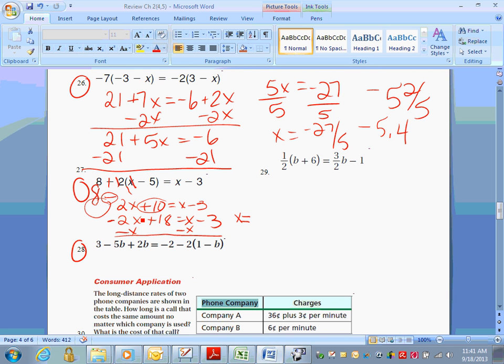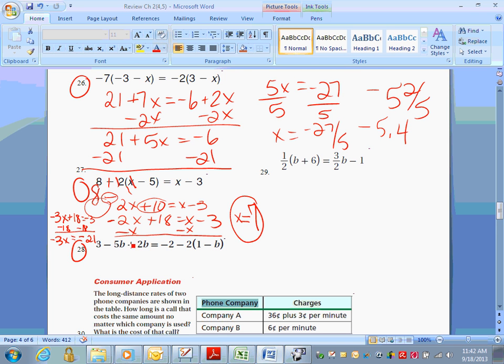So negative 2x and negative 1x is negative 3x. I'm going to move it over here. And then I have a plus 18, which is equal to negative 3. I need to subtract 18 from each side. That gives me negative 3x is equal to negative 21. And my final answer is x equals 7. A few technical difficulties, but I'm willing to work.